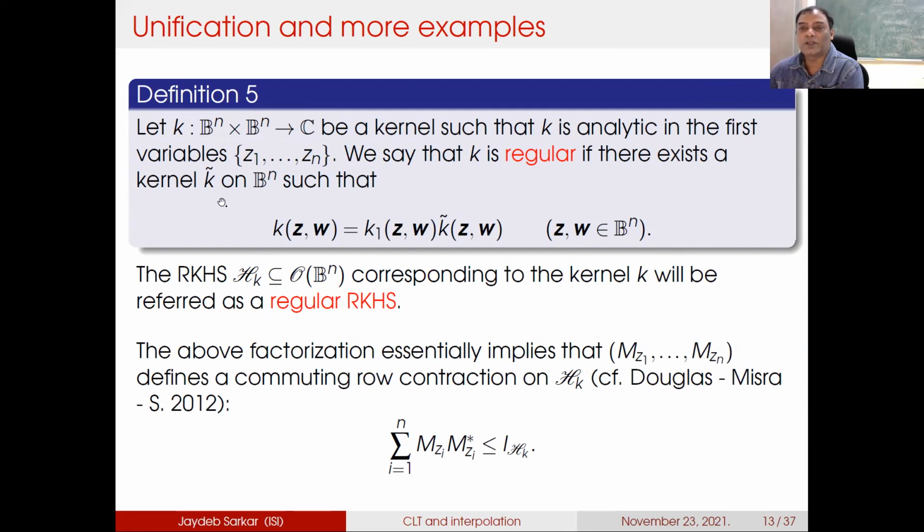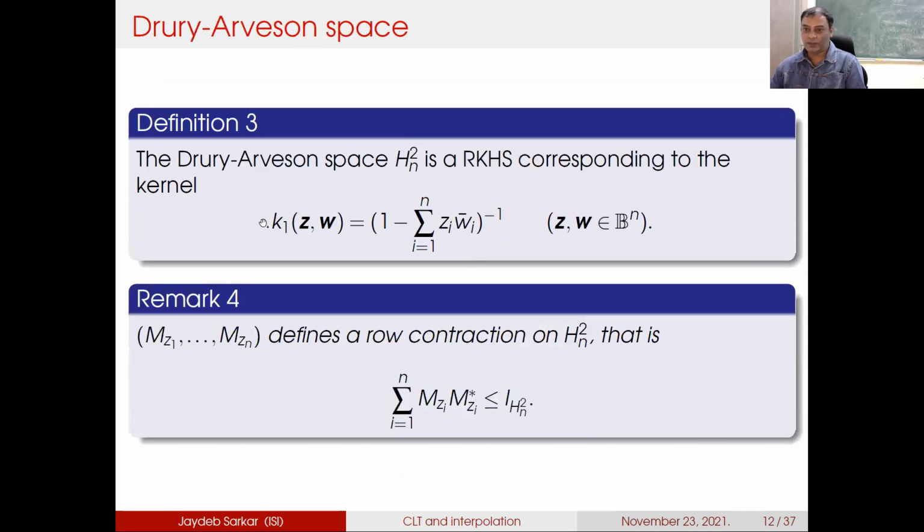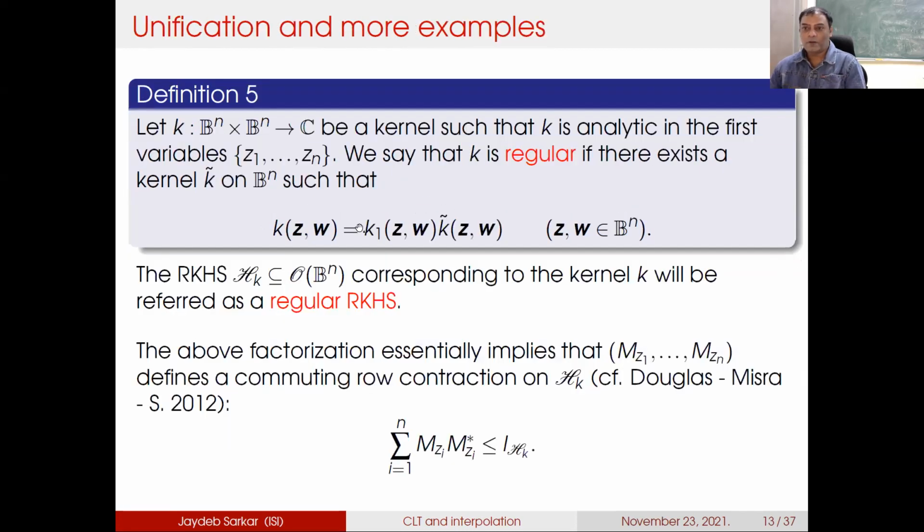And if this kernel factors as K_1 times K tilde, where K_1 is the Drury-Arveson kernel, what you know as a complete Nevanlinna-Pick kernel, then you call this kernel a regular kernel. The only assumption is that K is analytic in z_1, z_2, ..., z_n, so it's analytic in the first variables. That's the definition of a regular kernel.